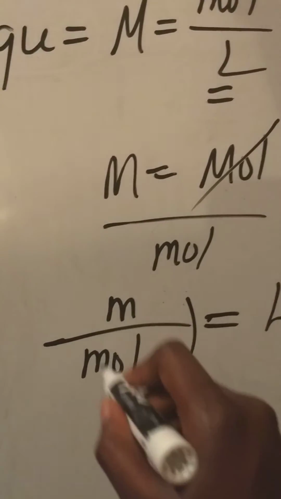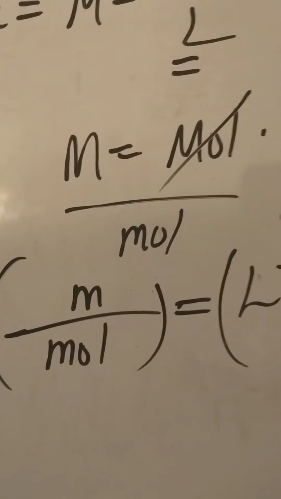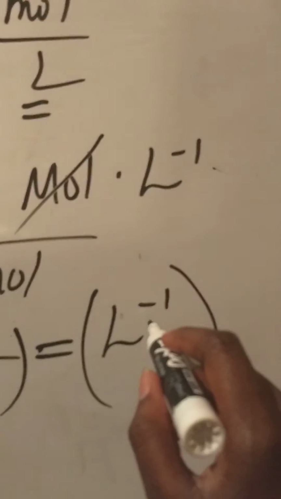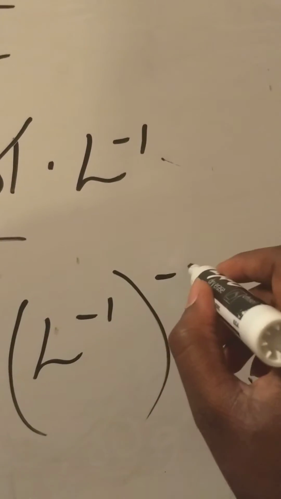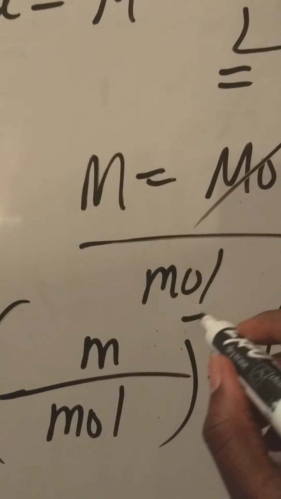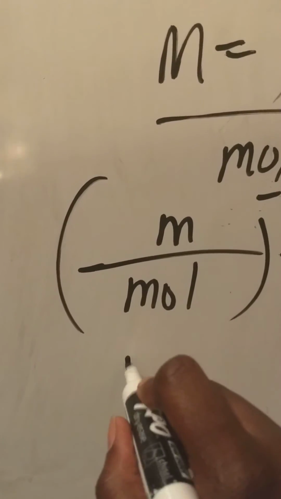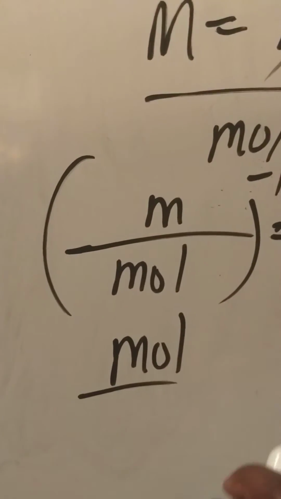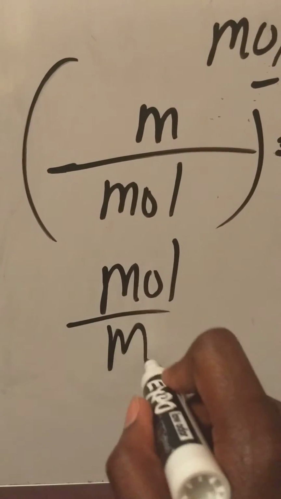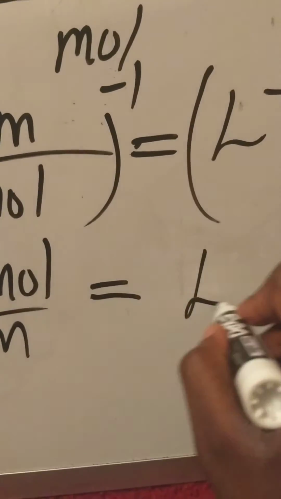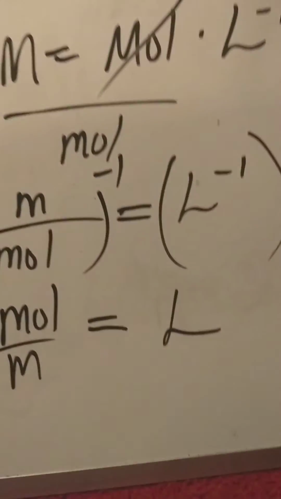Now we're going to take everything on both sides of the equation to the negative first power, because we need to get rid of this negative 1. This will give you moles over molarity equals liters. Why, you ask?